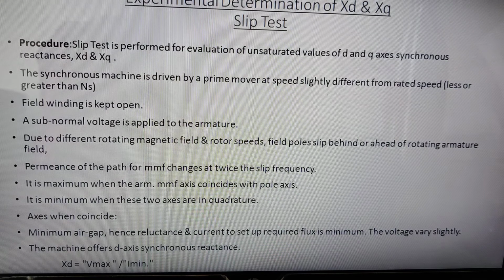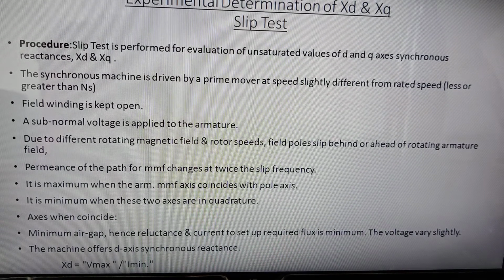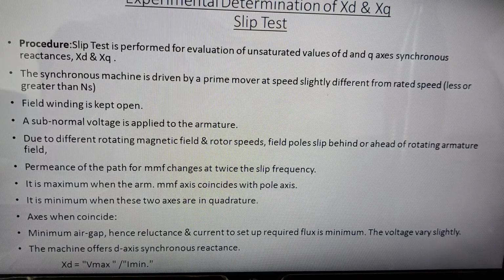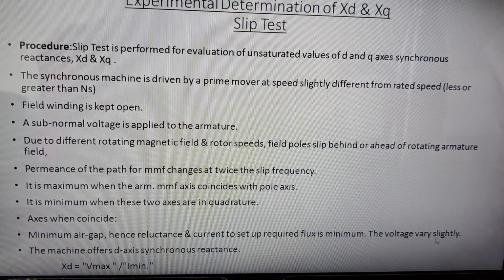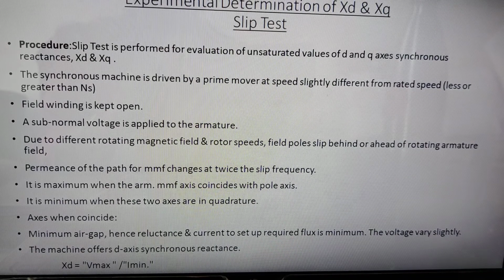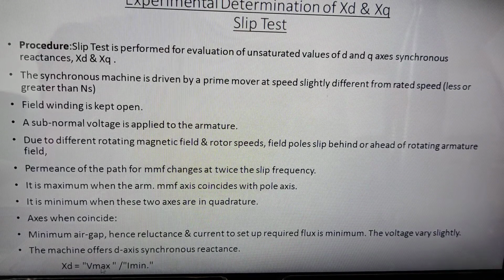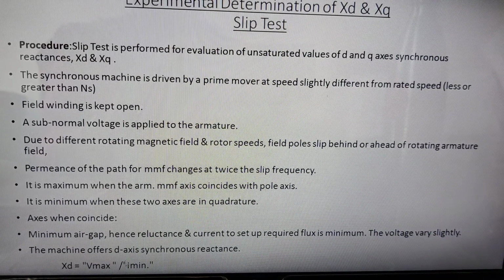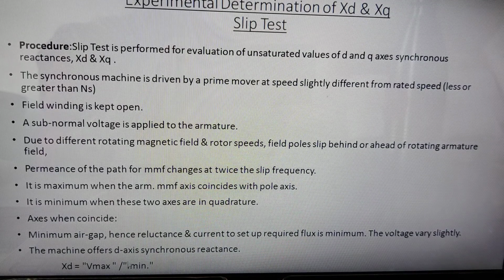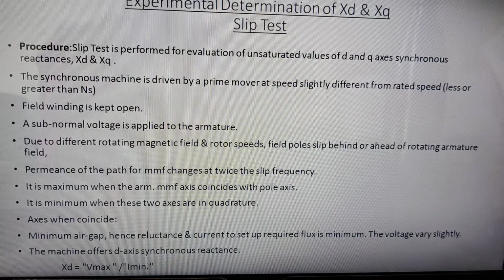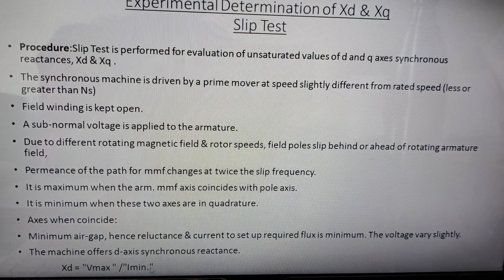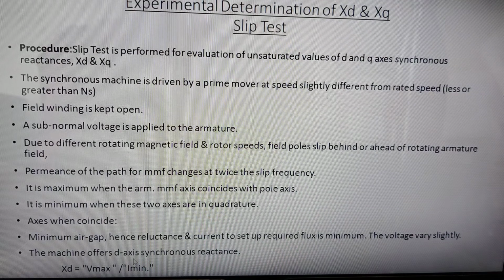That means the opposition which is applied on the air gap flux will be less, okay? So minimum current will be required to set up that air gap flux, and the voltage will vary slightly. So the formula becomes XD is equal to V max by I min. Why I min? Because small air gap along the D axis, so small current is required to set up the air gap flux since reluctance is very less, right?